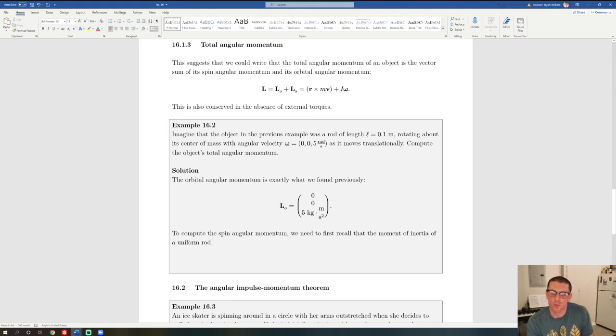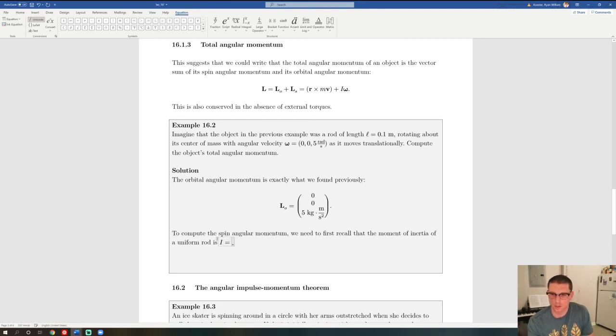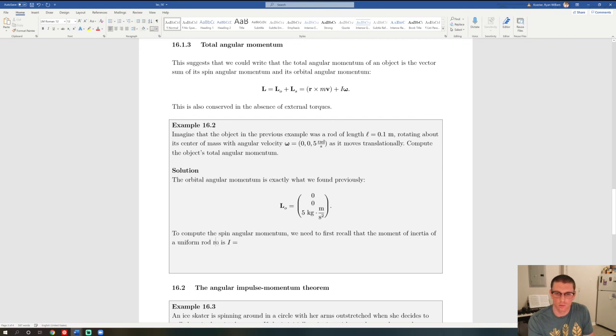The moment of inertia of a uniform rod, let me say first, rotating about its center of mass, because we had two different formulas for the moment of inertia of a rod, is just 1/12, not 1/2, 1/12 mL squared.